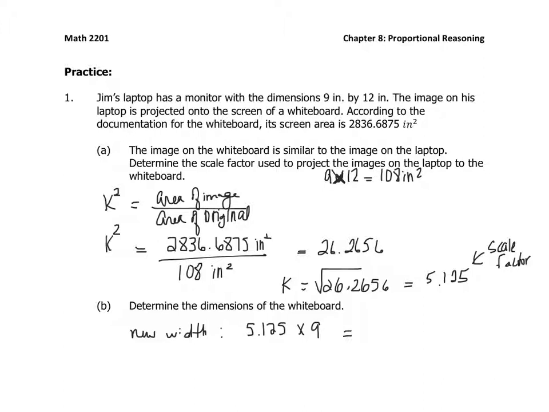So that would be 5.125 times 9, which is 46.125 inches. And the new length would be the scale factor, 5.125, times the old length, which would be 12. That's 61.5 inches.